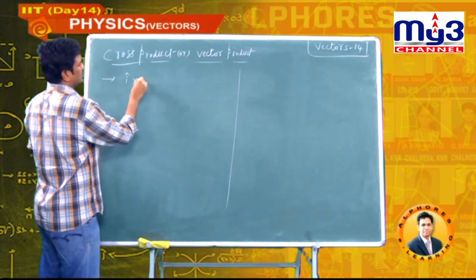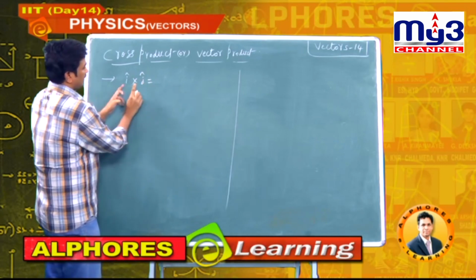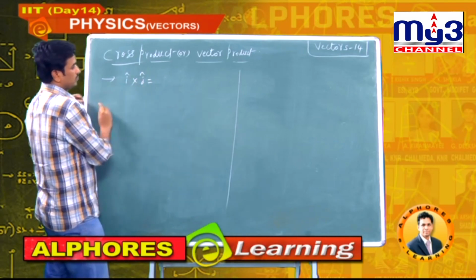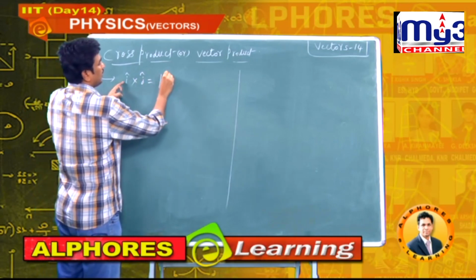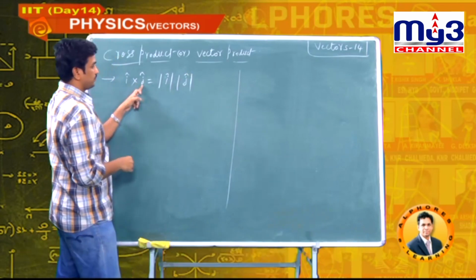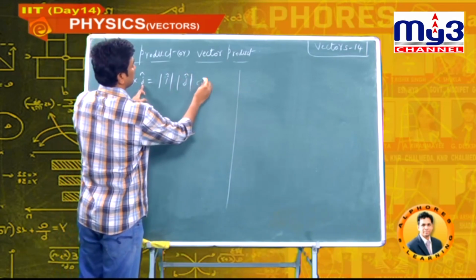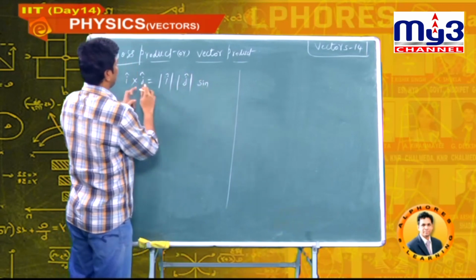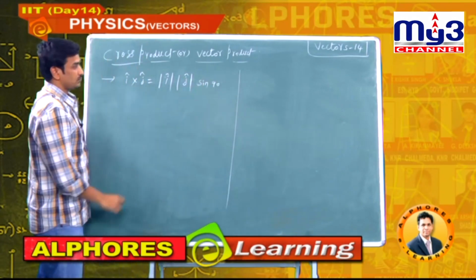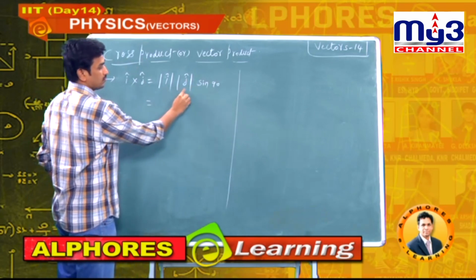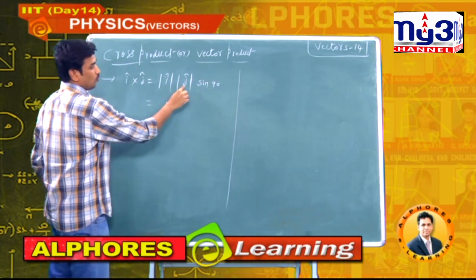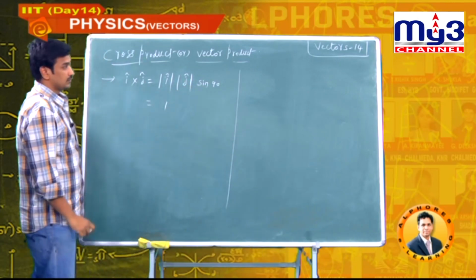I cap cross j cap. A cross B, this is A, this is B. Now mod I cap, mod j cap, and the sine of the angle between these two, what is that? 90. 1, 1, and sine 90 is 1.